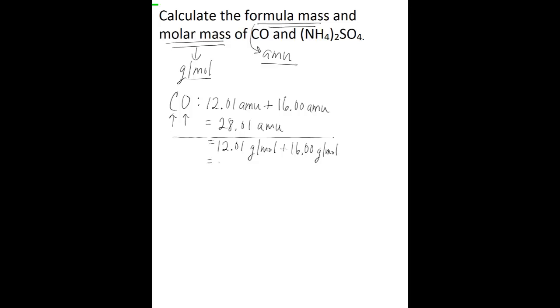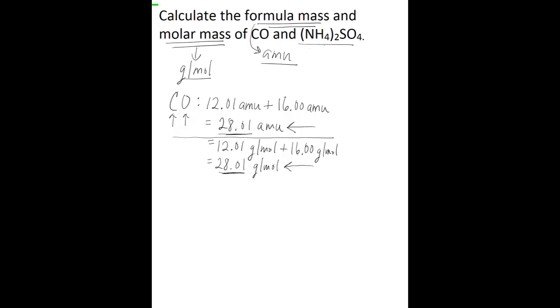Add the two together and you'd have 28.01 grams per mole. So notice you have the same exact number here, 28.01, but if you're talking about formula mass, you report units in atomic mass units. And if you're talking about molar mass, you report your units as grams per mole. So carbon monoxide, CO, that was a pretty easy molecule.